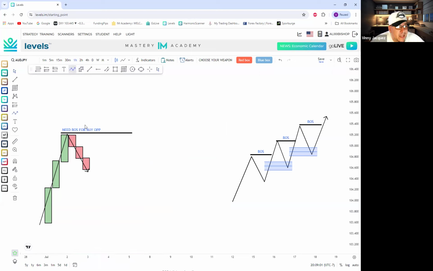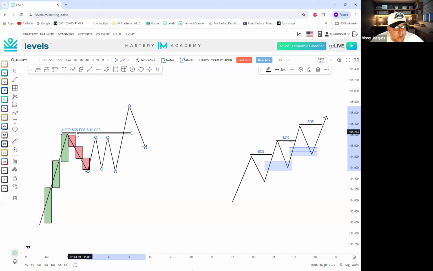So now, guys, anytime the market wants to consolidate back and forth, that's okay. We haven't taken any buys yet. But once the market breaks out, that's when we're looking for that starting point so we can take the opportunity. That's why I like drawing this out with the line, giving me the confirmation that I absolutely need this break of structure so we can look for buy opportunities.